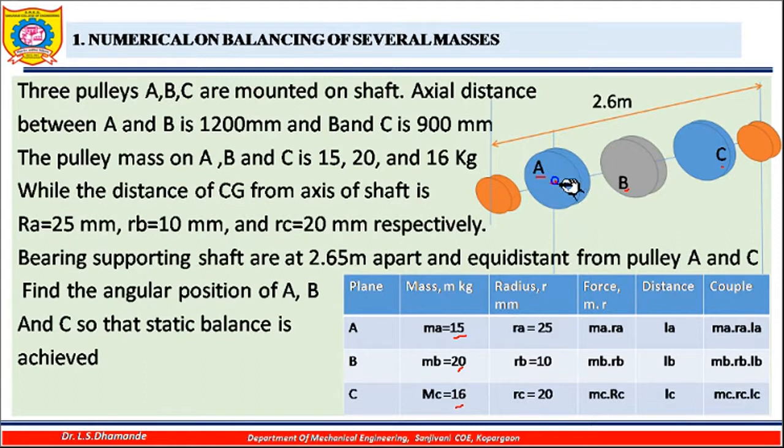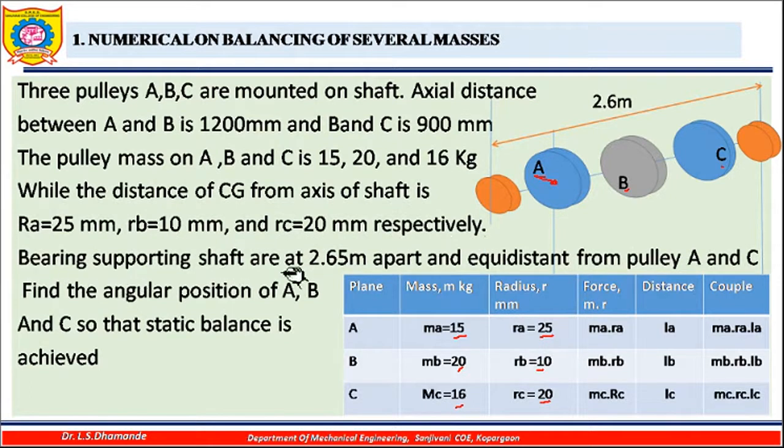It is called small rA, so rA is equal to 25 mm for pulley A. For pulley B that radius is 10 mm, and for pulley C that radius is 20 mm, as specified in the statement.